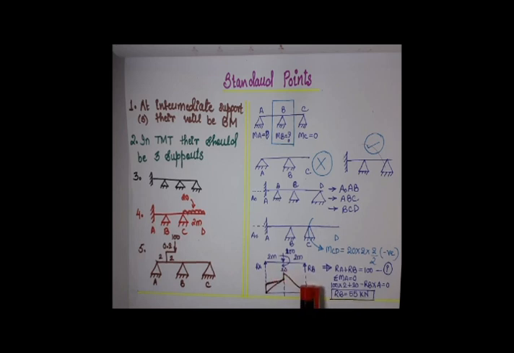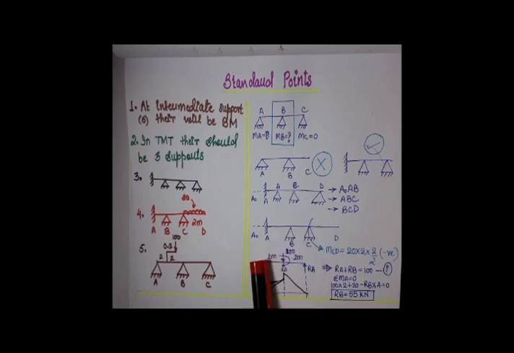Now for RB, we are standing at RB and we need to go to point A. So here we need to consider this whole span, that is 4 meter, 2 meter plus 2 meter. So we take the path from RB, that is from point B to point A. Therefore from B to A it is anti-clockwise, opposite to the clockwise direction, so it would be considered negative.